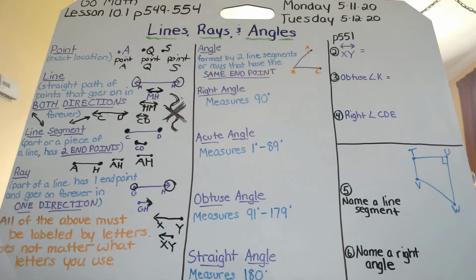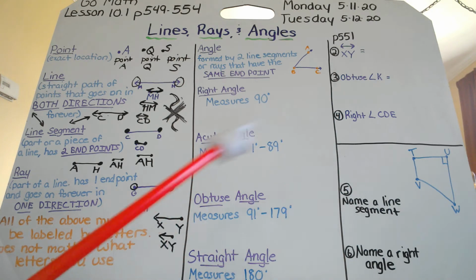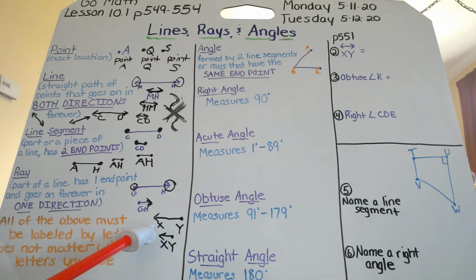Whichever way the arrow is facing on the ray is the way that it's going on forever. So this guy, it's facing to the right, it's going on forever this way. This guy, it's facing to the left, the arrow is right here. So it's going this way forever and ever.